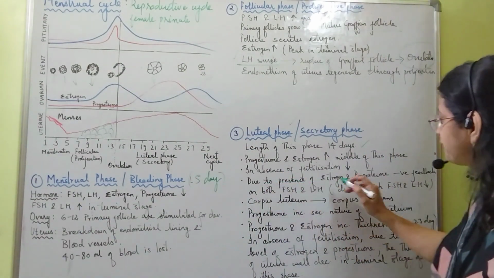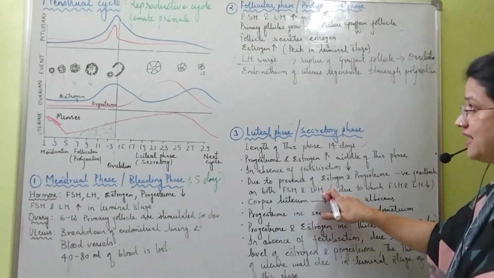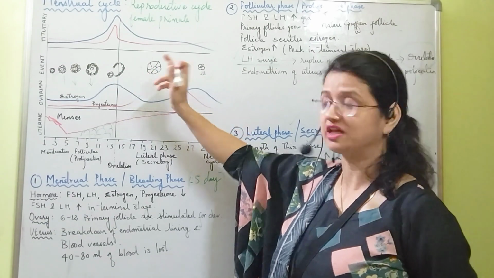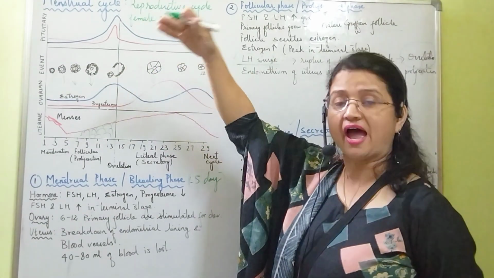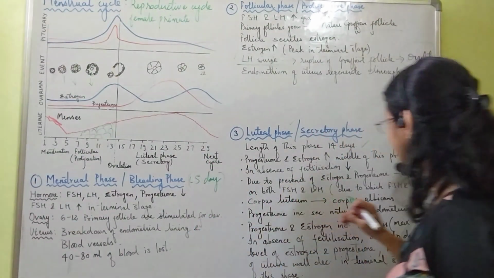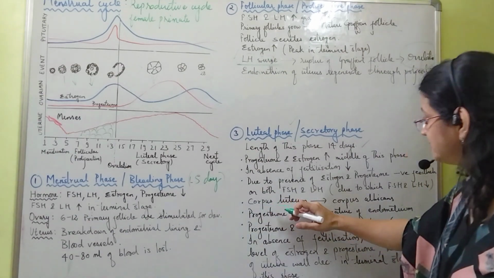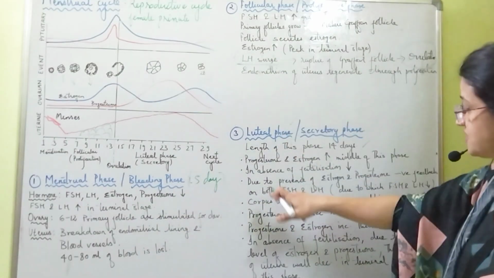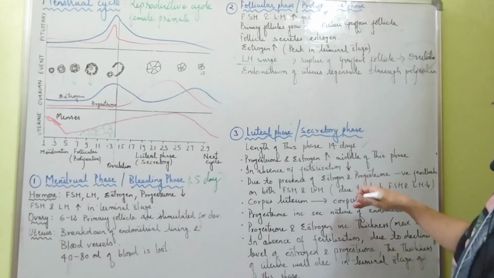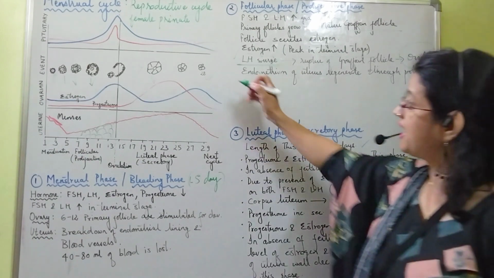Due to the presence of estrogen and progesterone, there is negative feedback on both FSH and LH, and their levels will be reduced. Clear? They will be decreased. If no fertilization takes place, the corpus luteum will degenerate and change into a white body known as corpus albicans.